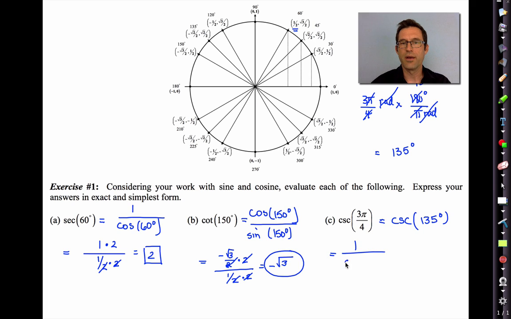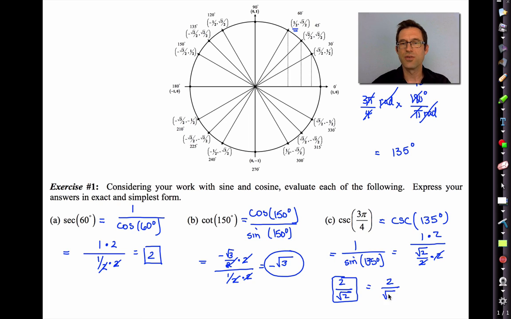That's going to be 1 divided by the sine of 135 degrees, which is 1 divided by root 2 over 2. Now we can simplify this by getting rid of the complex fraction, and that will give us 2 divided by root 2. Some teachers and some tests consider that simplified. We've talked about this before.